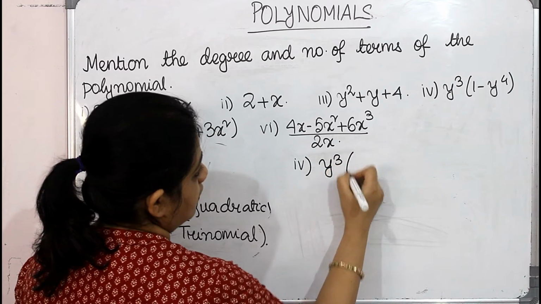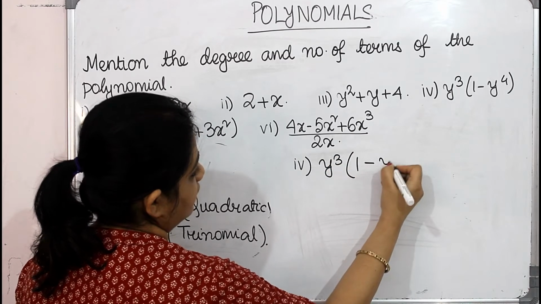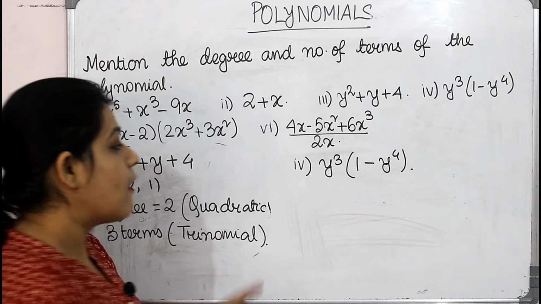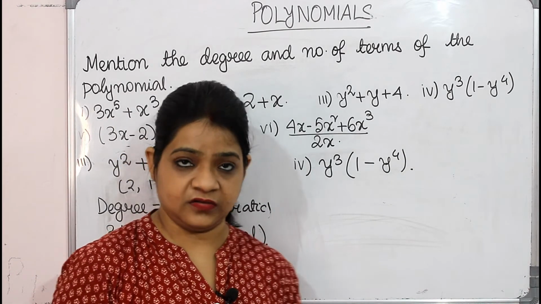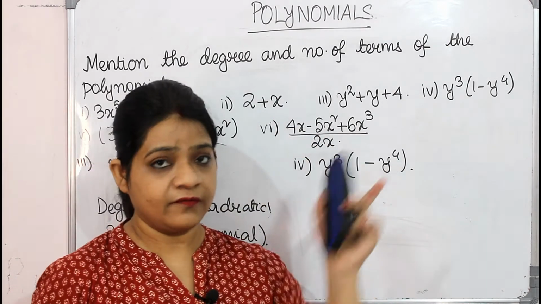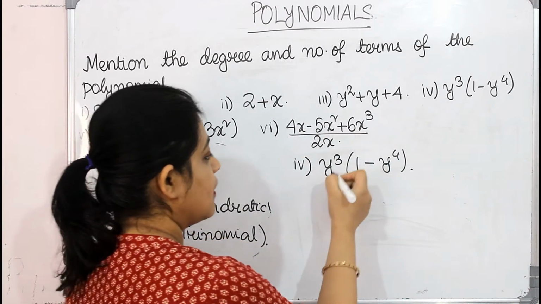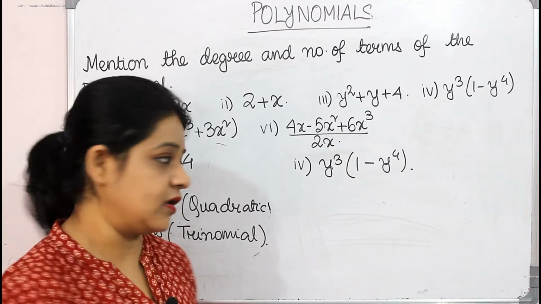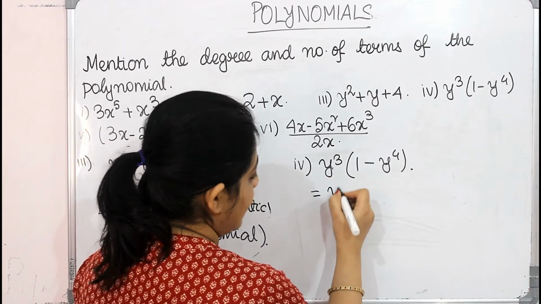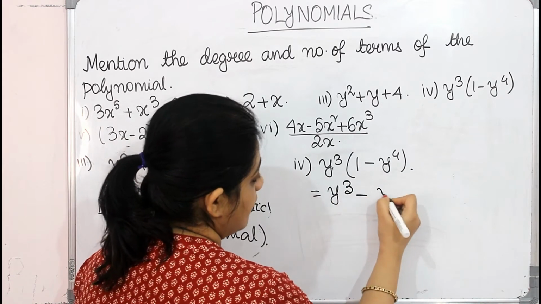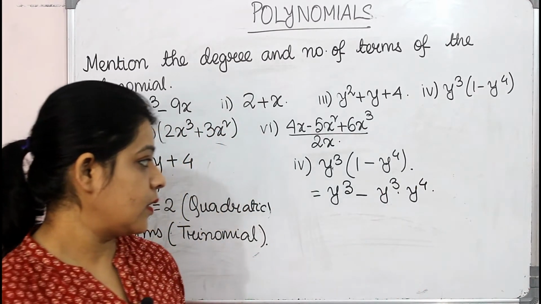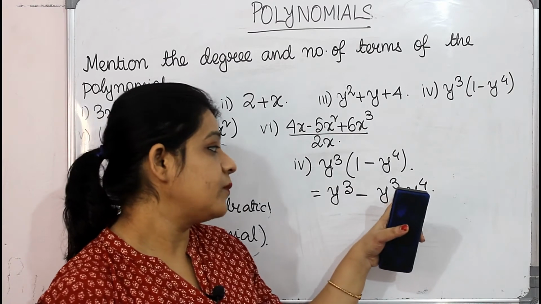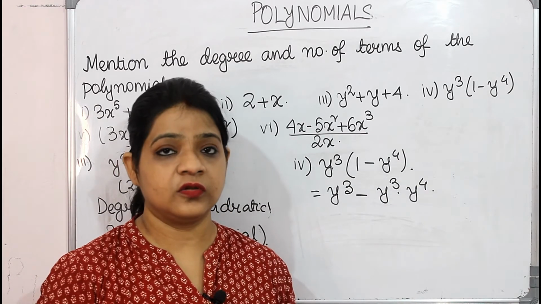y cube into 1 minus y to the power of 4. Now here it requires certain simplifications, based on the laws of exponents. So here y cube is common over here, isn't it? So we can simply write this as y cube minus y to the power of 3 into y to the power of 4. Now y to the power of 3 into y to the power of 4.